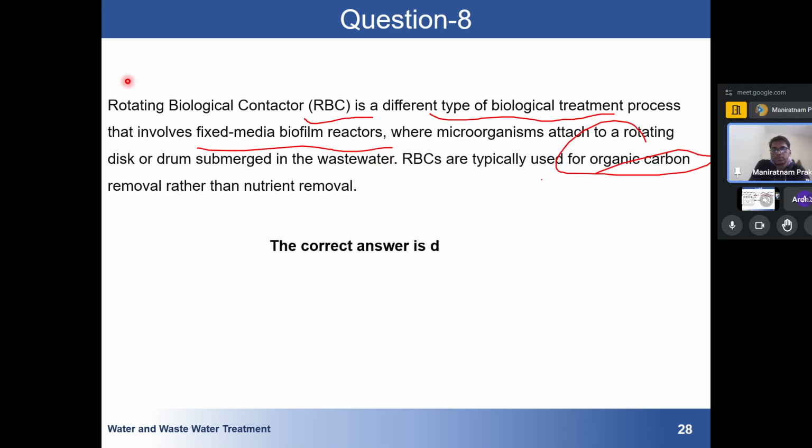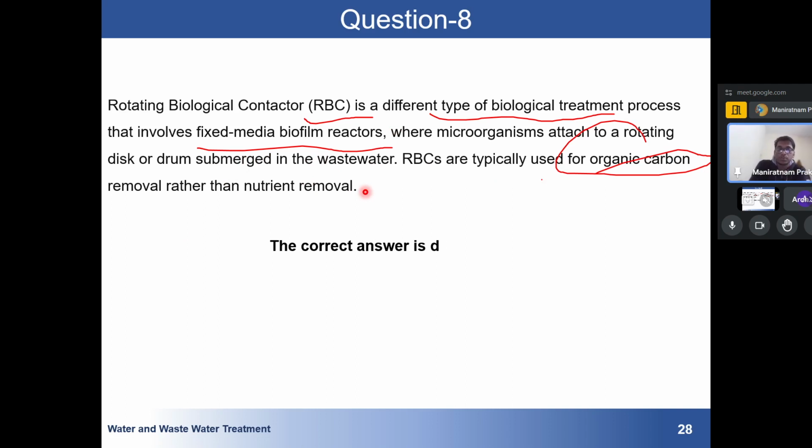So you can read this statement. Rotating biological contactor is a different type of biological treatment process that involves a fixed media biofilm reactor where microorganisms are attached to a rotating disc or drum submerged in wastewater. RBC is typically used for organic carbon removal rather than nutrient removal.